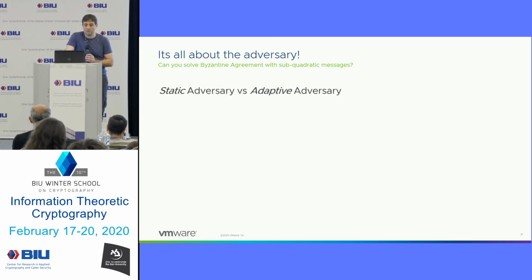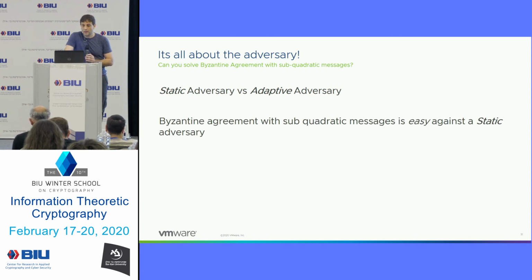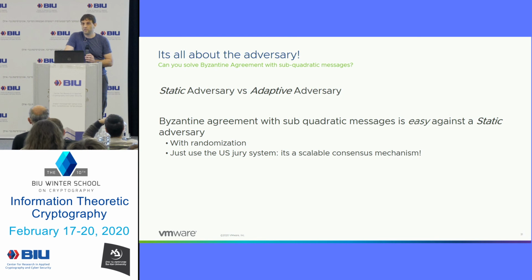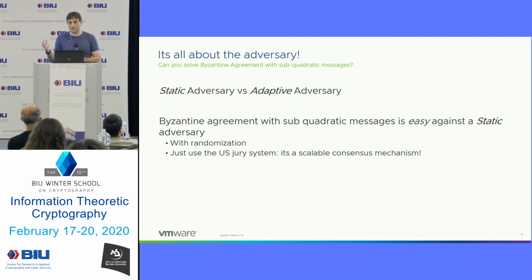It really depends on whether you have a static adversary or an adaptive one. If you have a static adversary, then you can solve Byzantine agreement quite easily by using randomization. This is kind of like the US jury system. Instead of all of us making a decision, we just choose a random subset and let this random subset make a decision. It's a very efficient way.